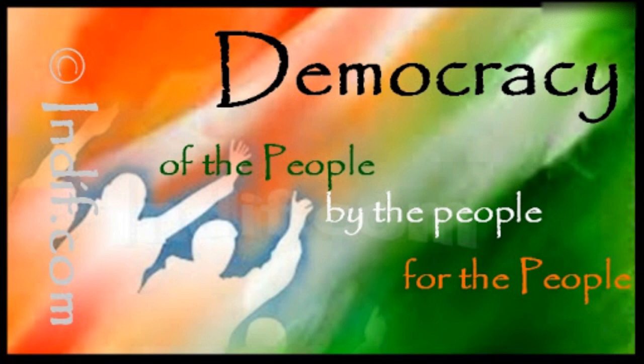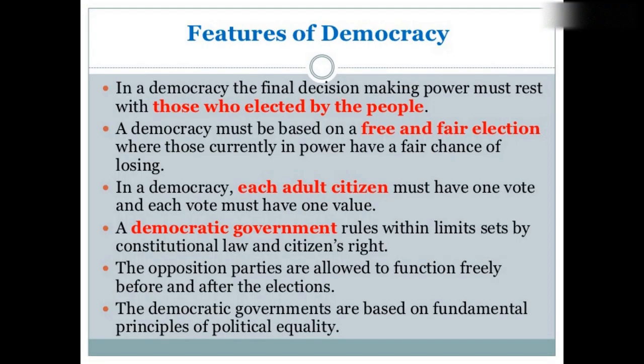Democracy. The word democracy is made up of two Greek words, demos, meaning the people, and kratos, meaning government or rule. Thus, democracy means the government by the people. In a democratic country, the power of governing lies in the hands of the people.